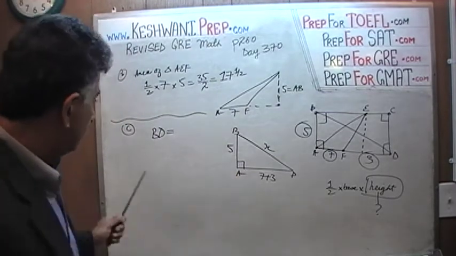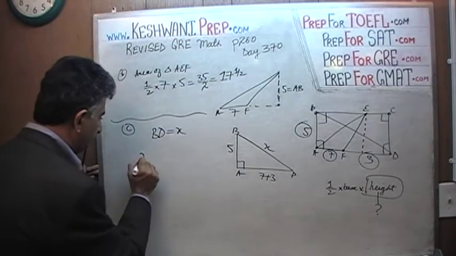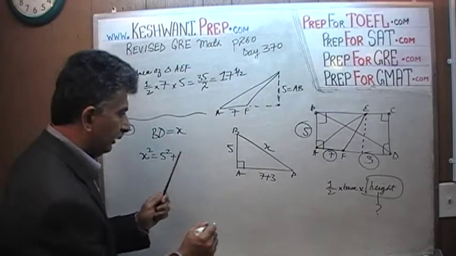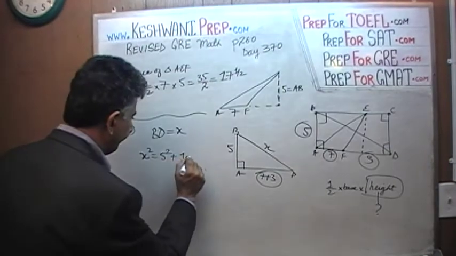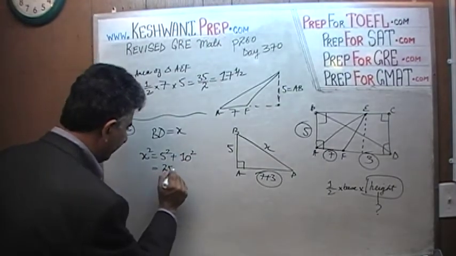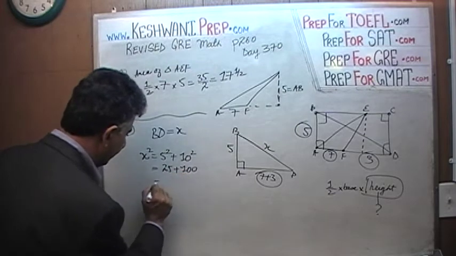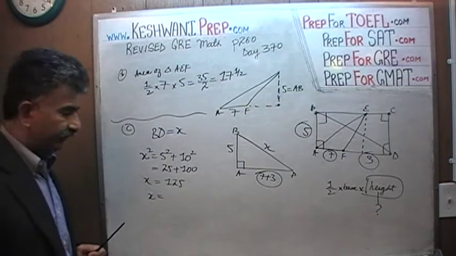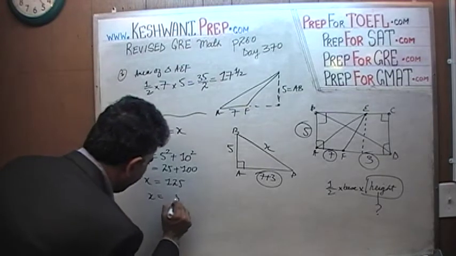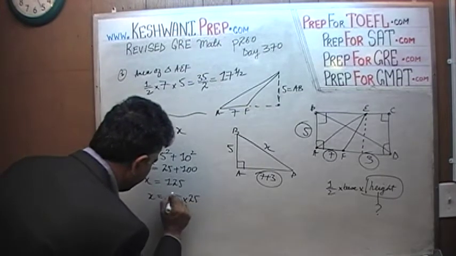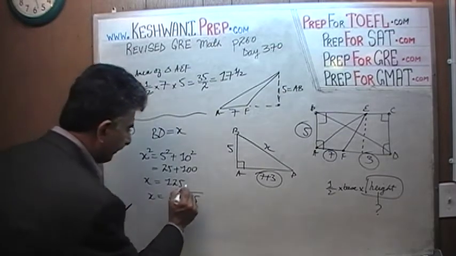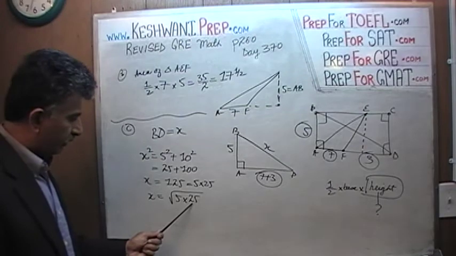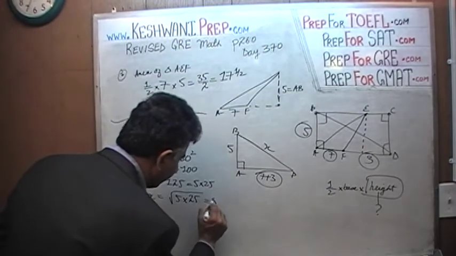Let's call it x here, x squared would be simply 5 squared plus 10 squared. 5 squared is 25 plus 10 squared, which is 125 altogether, which is the x squared, and therefore x is, I'm going to write 125 as 5 times 25, so that when we take the square root of 25 it is 5. So it's 5 root 5. That's it.